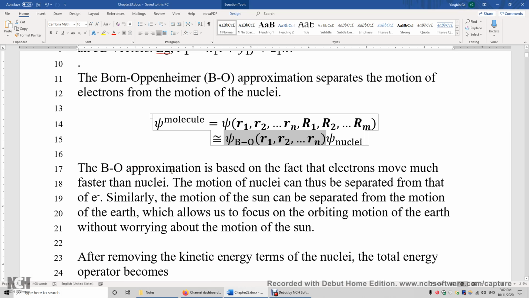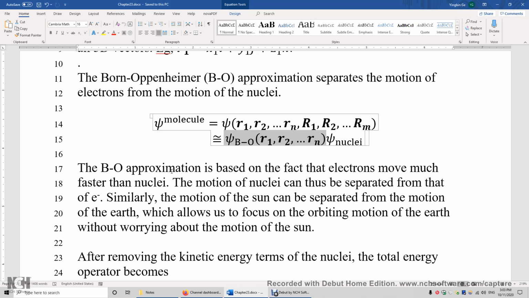So, if the nuclei change their positions, the electrons can change their positions immediately and fast enough that there's no effect on calculating the attraction between the electrons and the nuclei. And this is the reason why we can separate the motion of the nuclei from the motion of the electron.